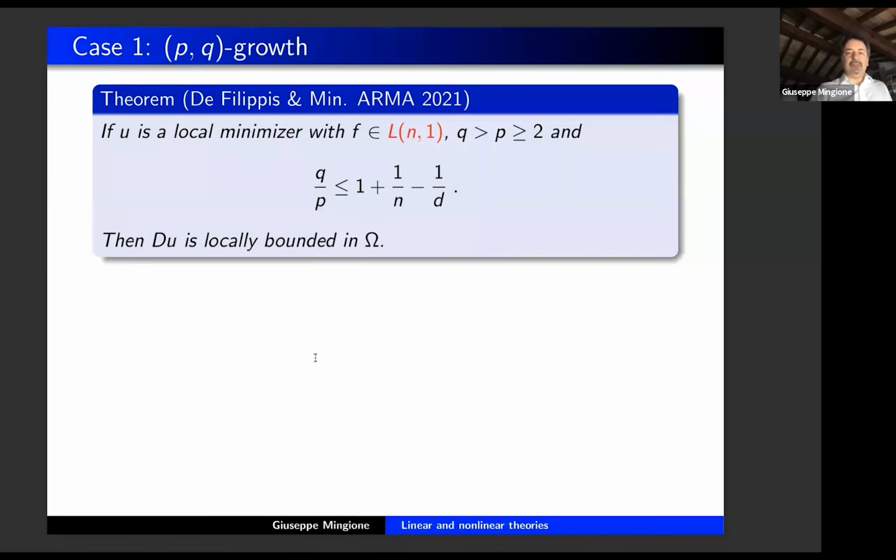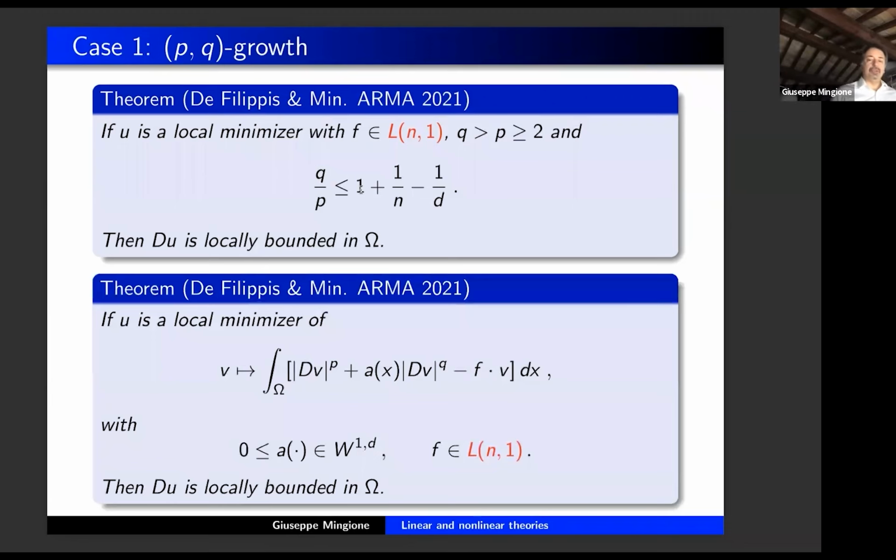And so we prove with De Filippis that once again, Ln1 plays a role, but the rate of differentiability must be such that this quantity is not too large compared to 1. This is an essential condition because otherwise this result fails.